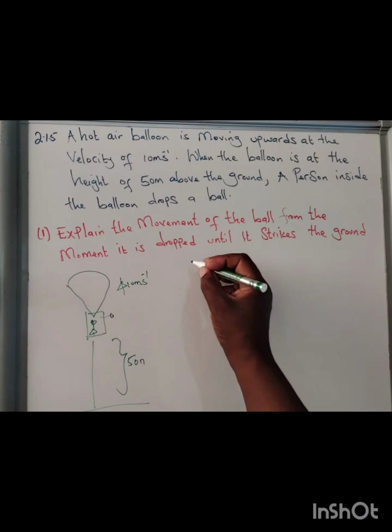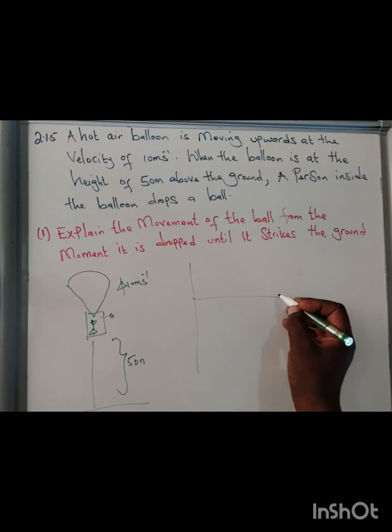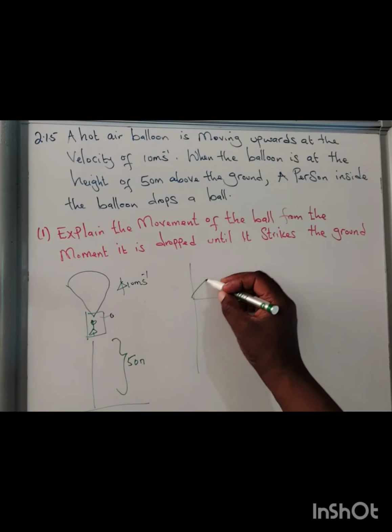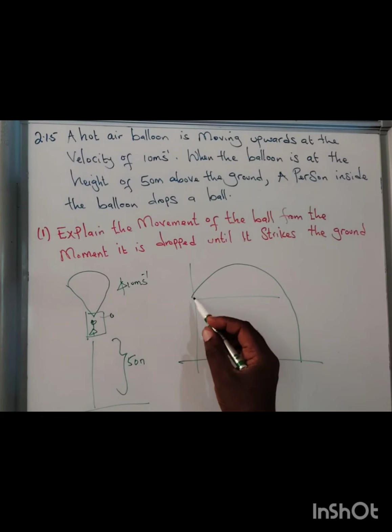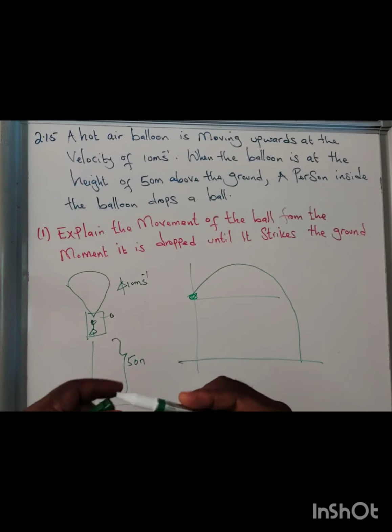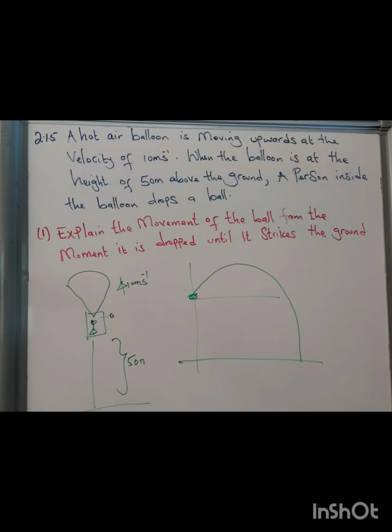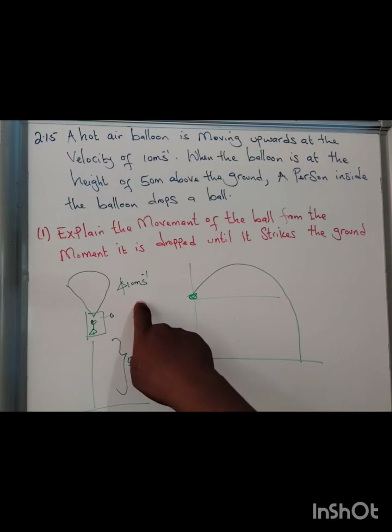If you are looking at the position time graph of this ball, it's going to be this, where this is the point at which the ball was released. It takes an upward projection with an initial velocity which is 10 meters per second.